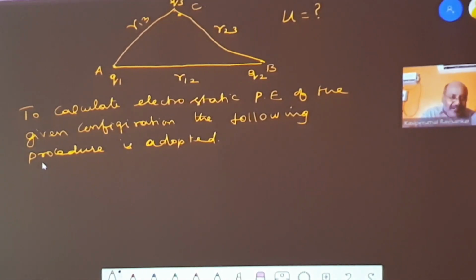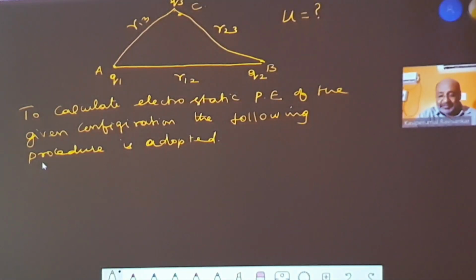By considering all the charges at infinity, first of all I am bringing the charge Q1 from infinity to the point A. When I am bringing the charge to the point A, there are no other charges around that point initially. So no work is said to be done, because the charge Q1 is unaffected by other charges.